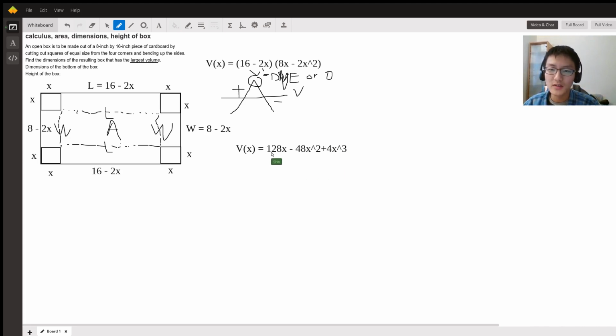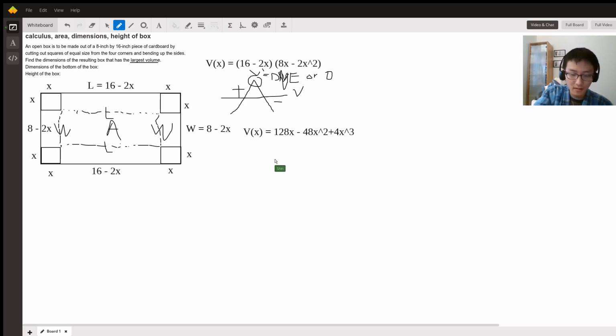Okay, so this is the volume function. I just merely expanded it by FOIL. Taking the derivative of that, now you get this derivative.